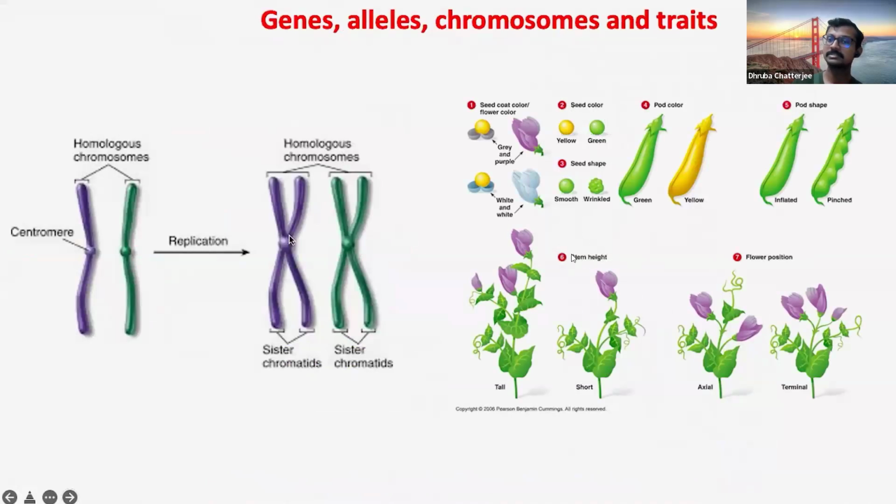He found that stem height inheritance is independent of seed color inheritance. How the seed color is inherited does not influence the stem height inheritance pattern. That means the two patterns are independent of one another.